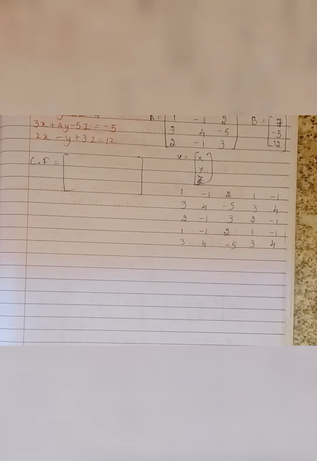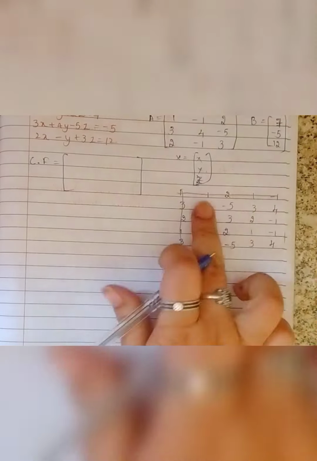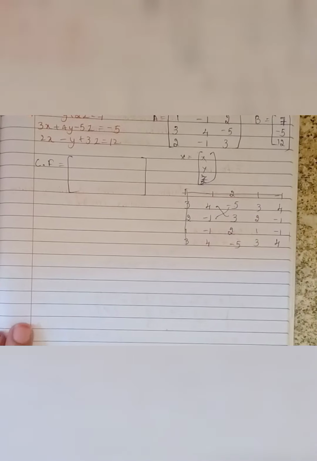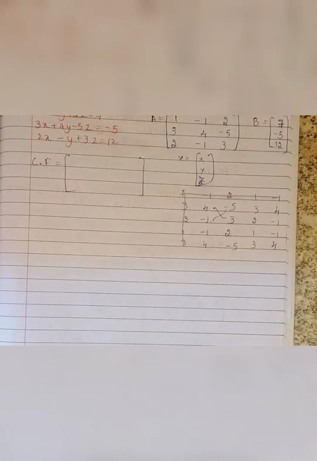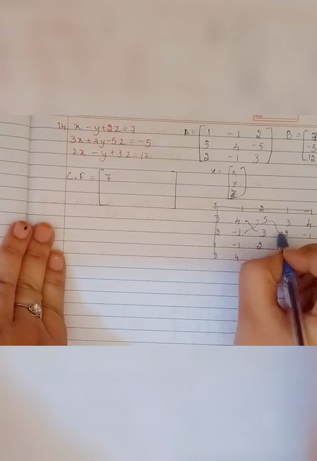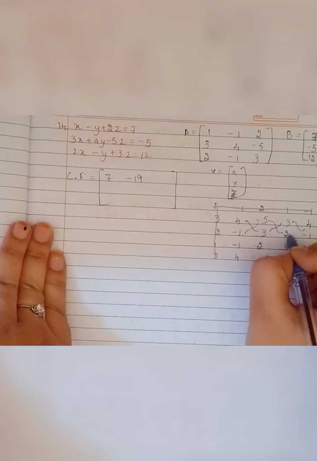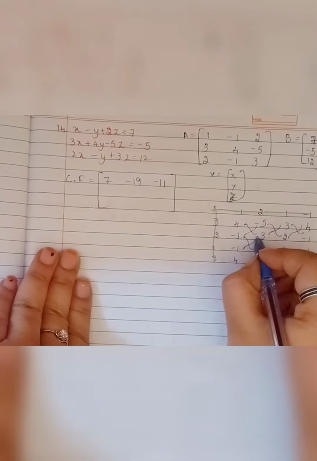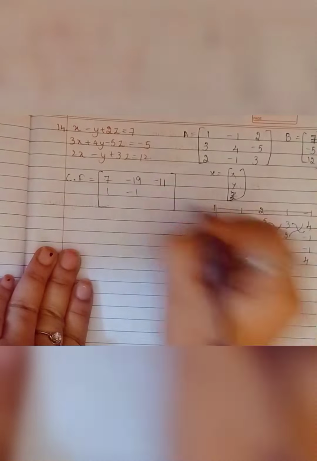Now delete the row and the column. 4 threes are 12 plus 5 ones are 5, which is 17. 4 threes are 12 minus 5 is 7. 5 twos are 10 minus 9 is minus 19. Minus 3 minus 8 is minus 11. Minus 2 plus 3 is 1. 3 minus 4 is minus 1.